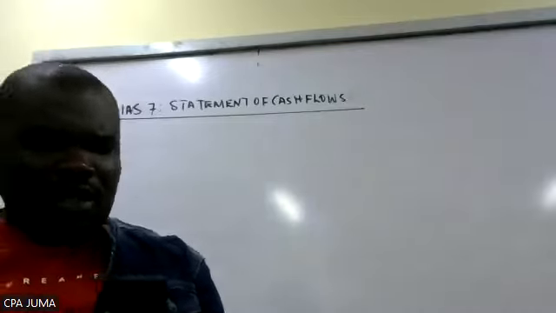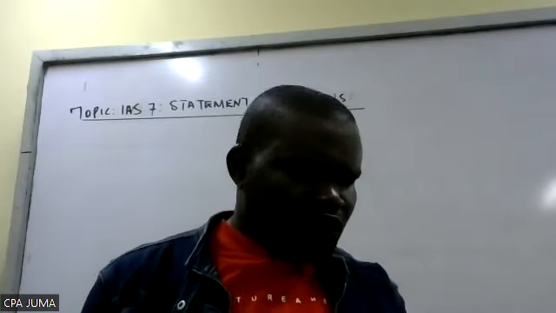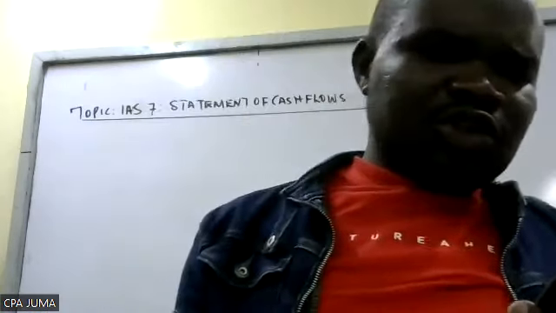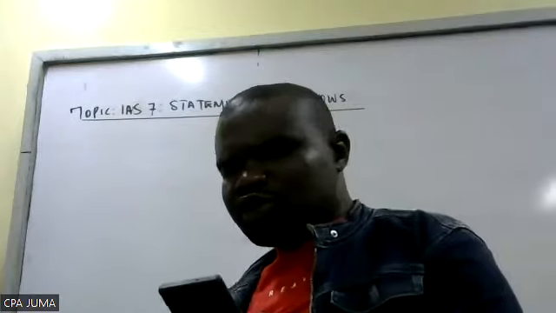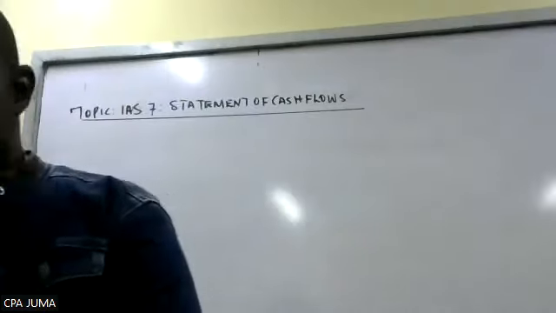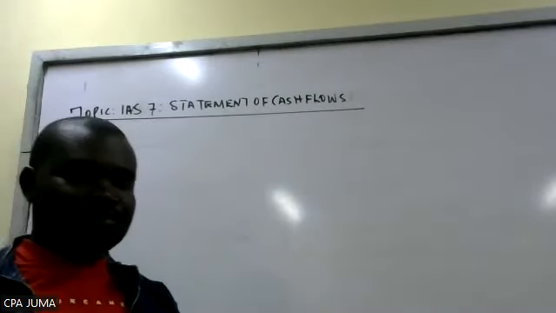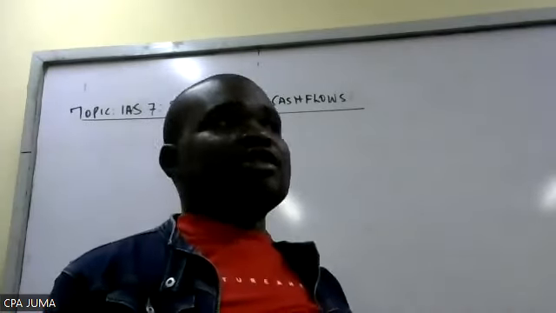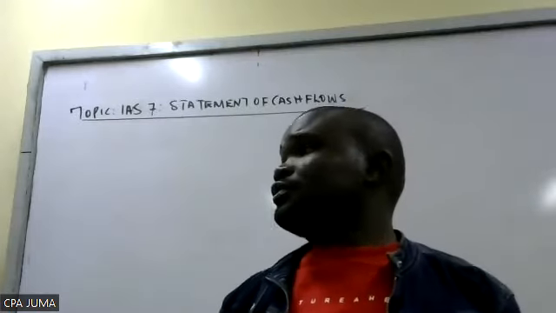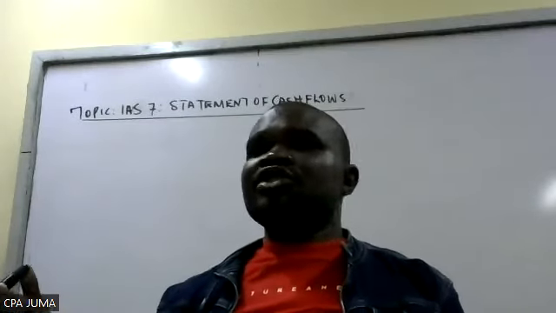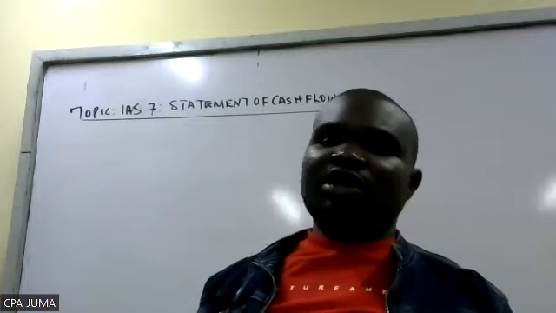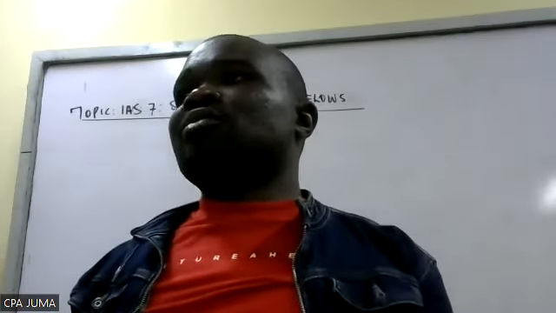All right, so let's go through that handout. The objective of IS7 is to require the presentation of information about the historical changes in cash and cash equivalents of an entity by means of the statement of cash flow. So cash flow, we just check the changes in cash in, cash out.